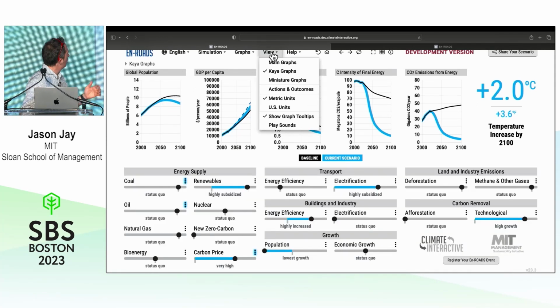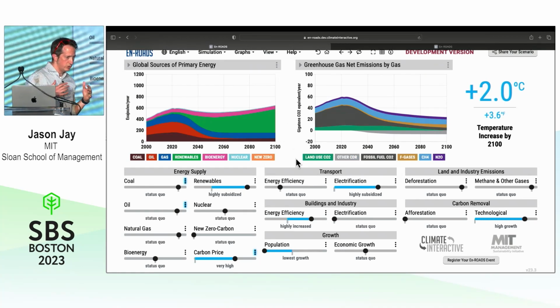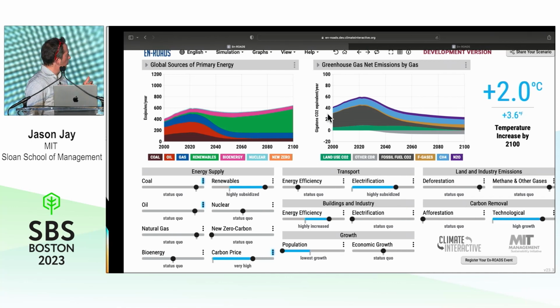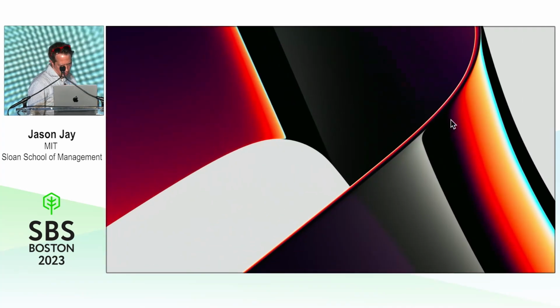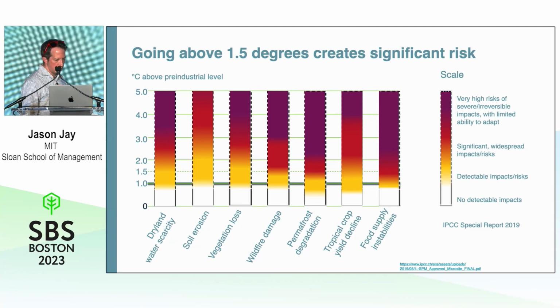Okay. Now, I should say 2 degrees was the objective originally set under the Paris Accord, but there's a reason that so many of the scientists have focused on 1.5, and that's largely pictures like this, and there's newer versions of this that are more regionally specific in the latest IPCC report.